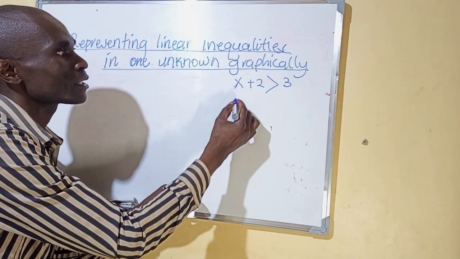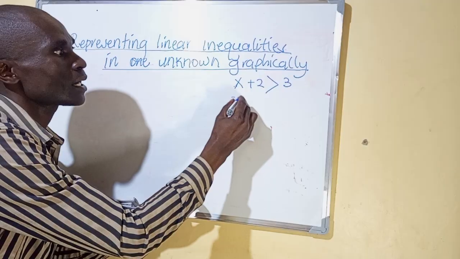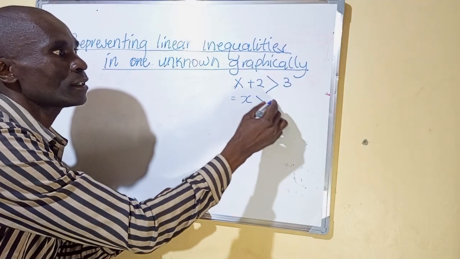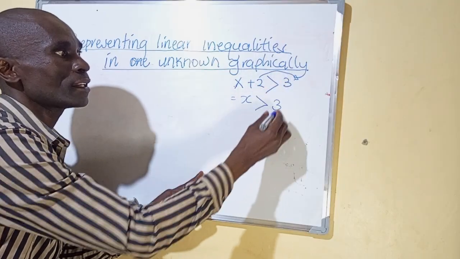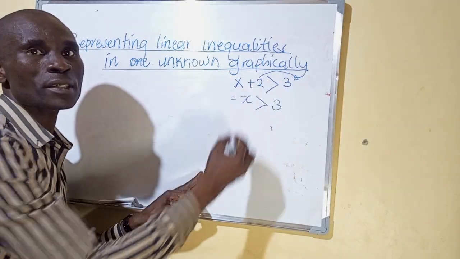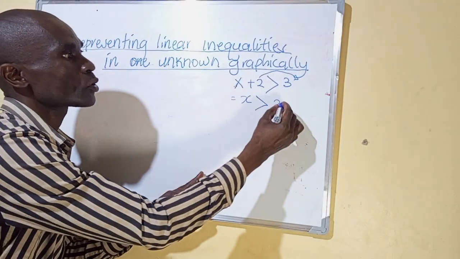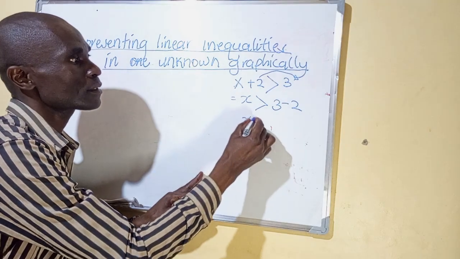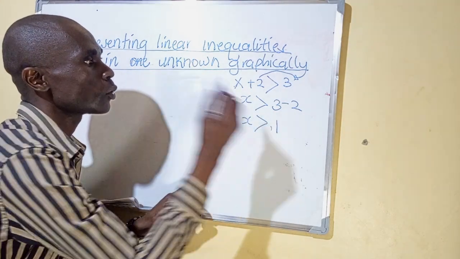We shall have x is greater than 3. This one now moves to the other side, so it will be subtraction. We shall subtract both sides because it has been added. So we shall subtract 2, and therefore it means x is greater than 1.